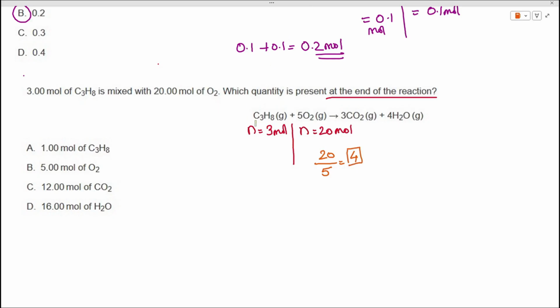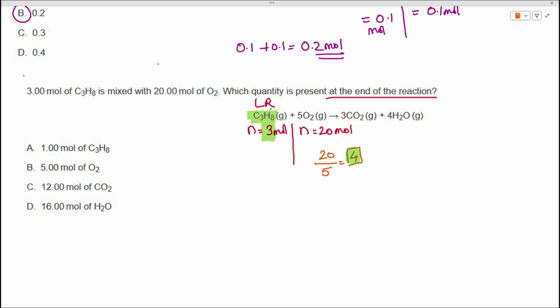And now we can compare these two. 3 and 4, when you compare, you can clearly see that 3 is a lower value, and we haven't divided or done anything to it because its coefficient is just 1. So I've let it be the same. When we do the comparison, 3 is a smaller number, so definitely this is the limiting reagent.